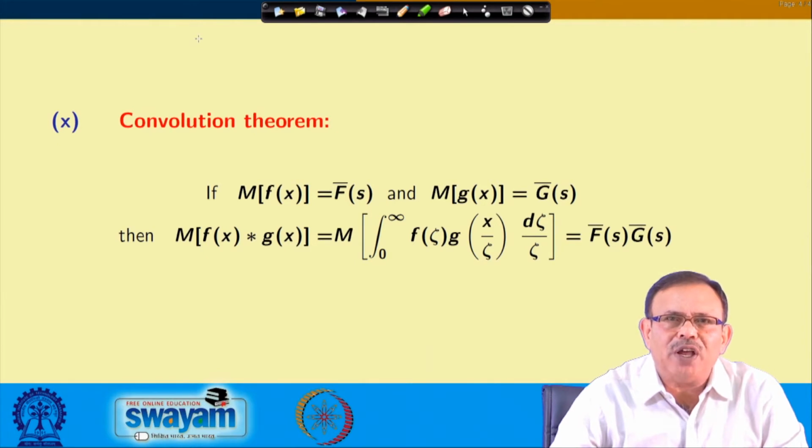The Mellin transform of f(x) star g(x) equals the Mellin transform of the integral from 0 to infinity of f(eta) g(x/eta) d eta/eta. This equals, as earlier we have seen, F bar(s) into G bar(s), or in other words the Mellin transform of f(x) multiplied by the Mellin transform of g(x).